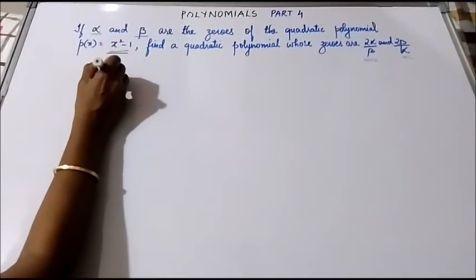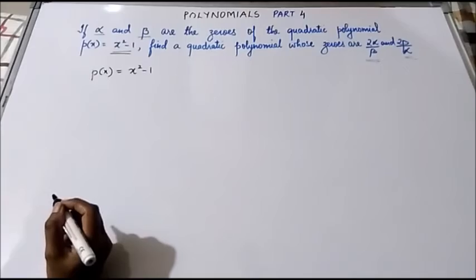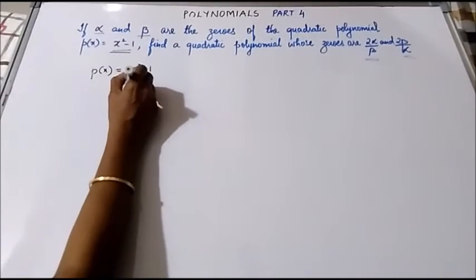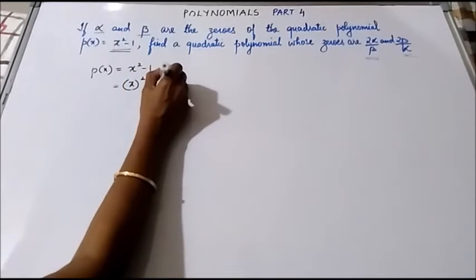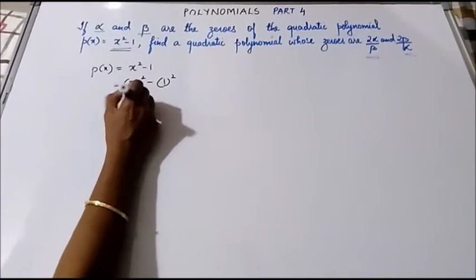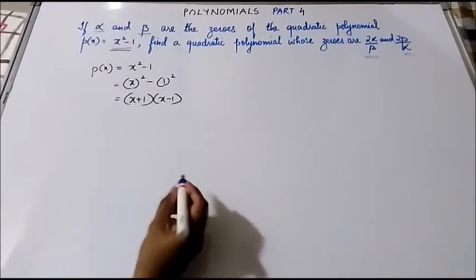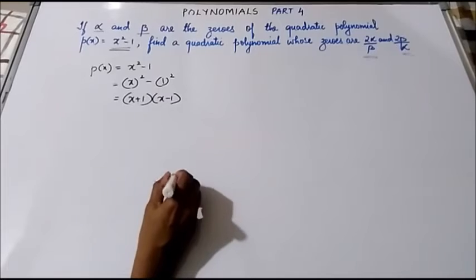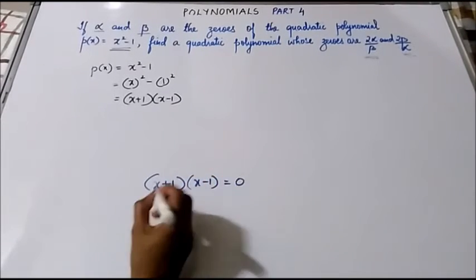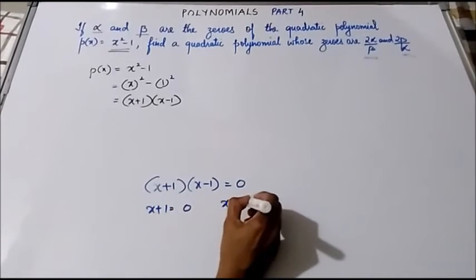Now it is given that the polynomial is x square minus 1. We will find the zeros by factorizing it. Here we can use the identity a square minus b square, which gives a plus b into a minus b. Now how do we find the zero? We write (x plus 1)(x minus 1) equal to 0. That is, x plus 1 equal to 0 or x minus 1 equal to 0.